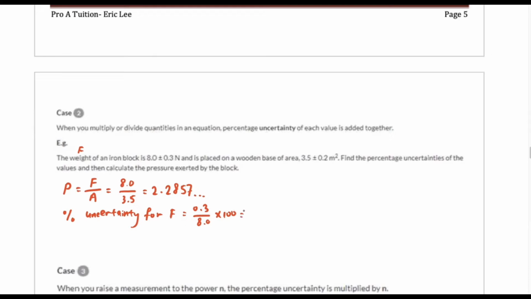Then we get a percentage of 0.3 over 8 times 100, which is 3.75%.